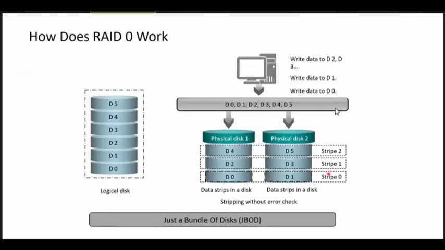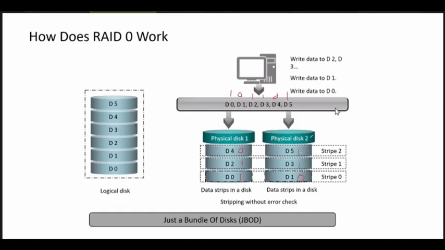So when you're saving data for stripe 0, the data might be like this: 1, 0, 1, 1, 0, 1. Each stripe is basically one amount of data. So saving data of D0, you save 1, 0, 1, 1, 0, 1.